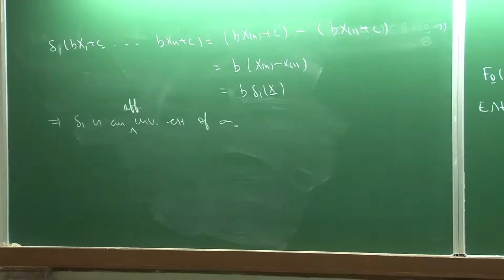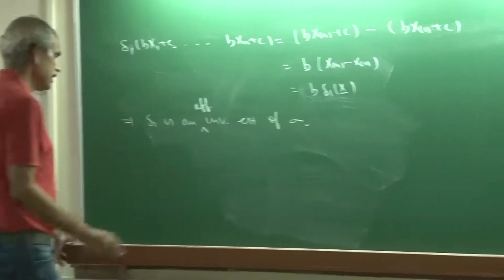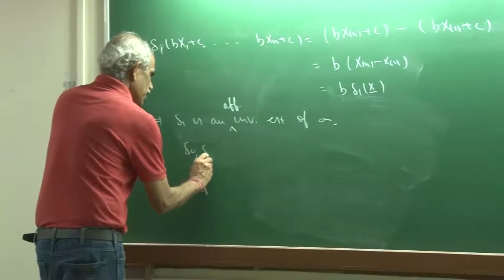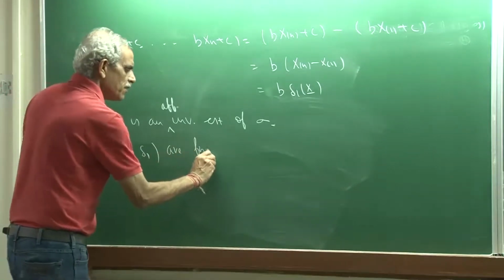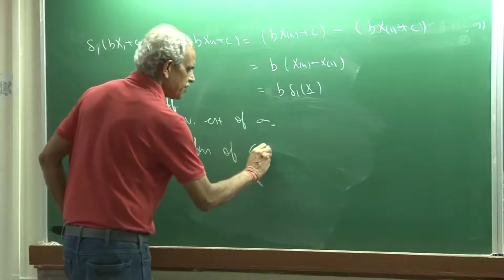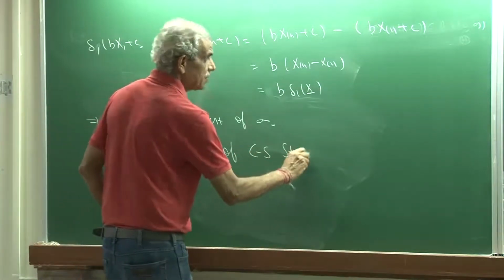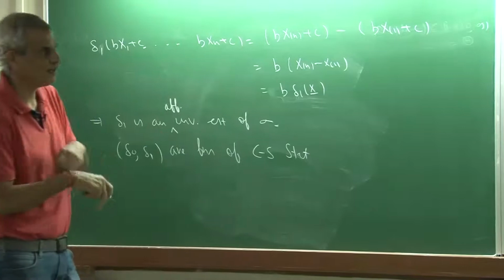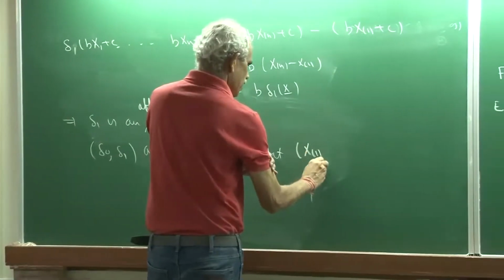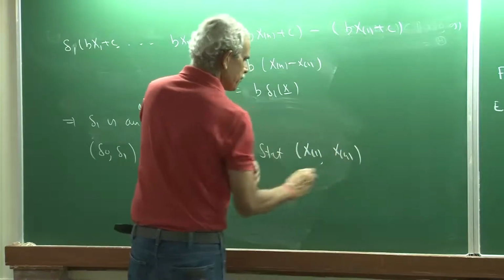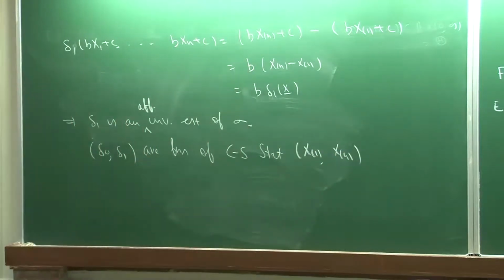So what is MRE? Now note that in this case, delta naught, delta 1 are functions of complete sufficient statistic. In this case, because there are two parameters, mu minus sigma by 2 and mu plus sigma by 2, the complete sufficient statistic is x1, xn.